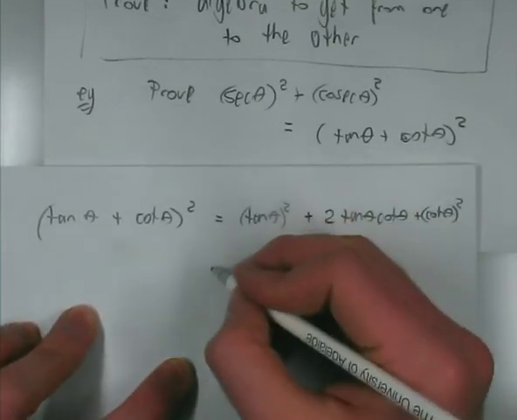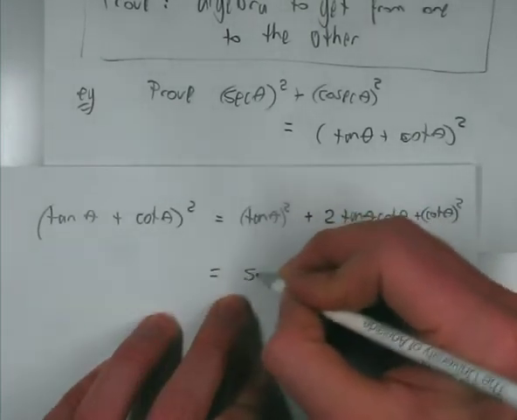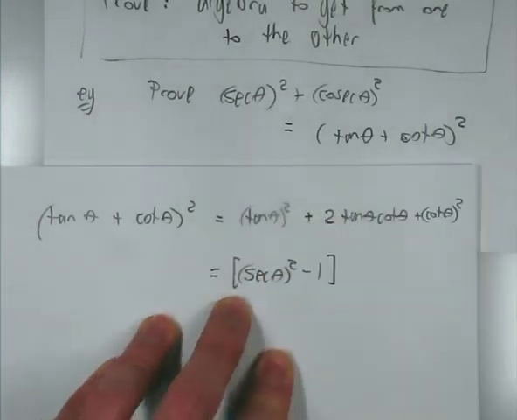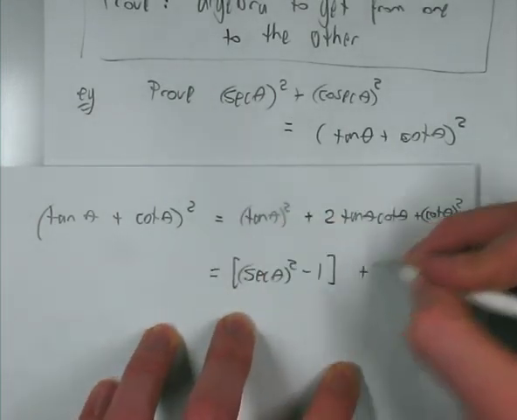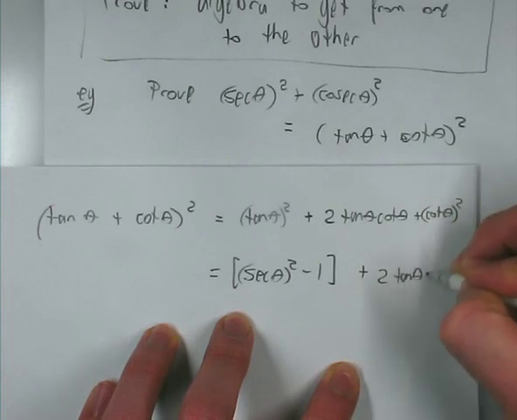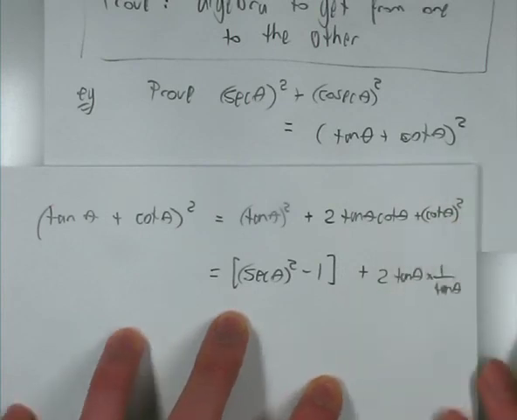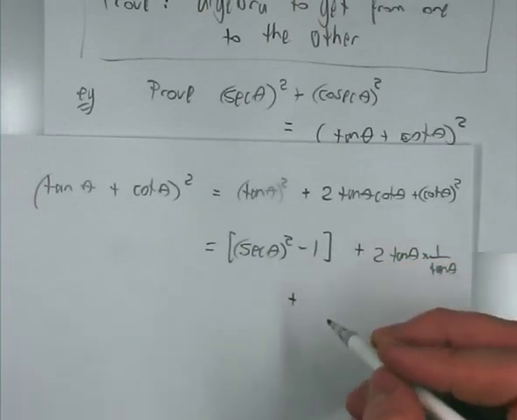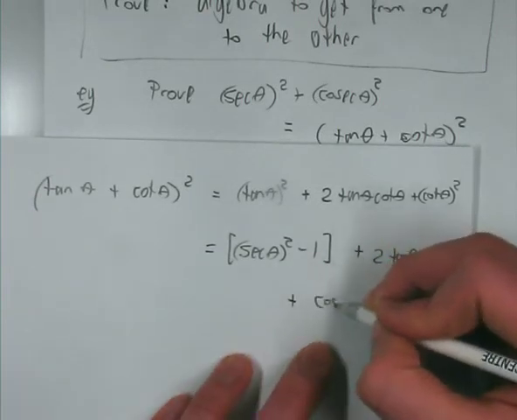Okay, so this is sec theta squared minus 1. That bit there. The next bit, well, cot theta is 1 over tan theta. Cool. And cot squared, there was a trig identity with that as well. Cosec squared minus 1.